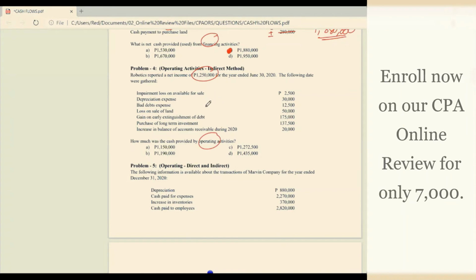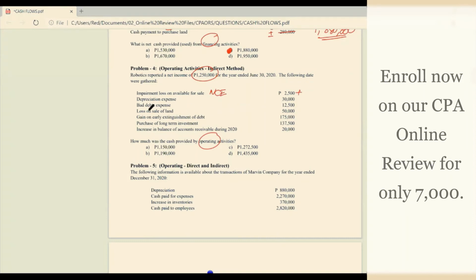So itong impairment loss, non-cash to. So lagyan na lang natin NC, NCE, non-cash expense. Bakit non-cash expenses siya? Kasi nagka-impairment loss ka lang, wala ka namang nilabas na cash. So therefore, kailangan i-add back mo siya.